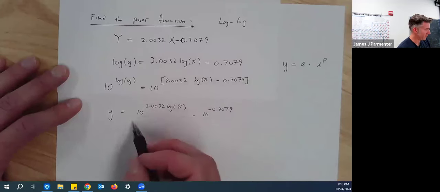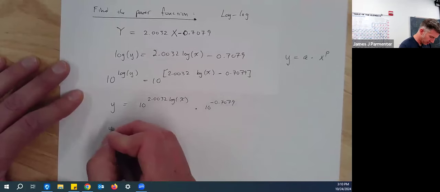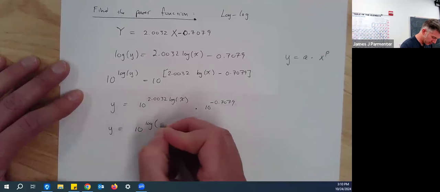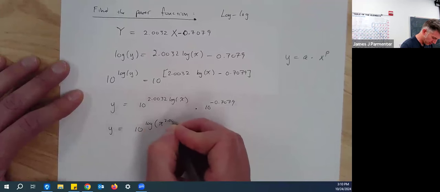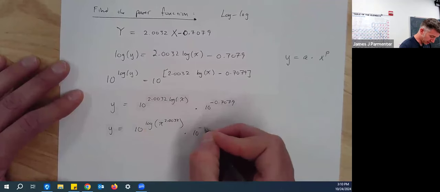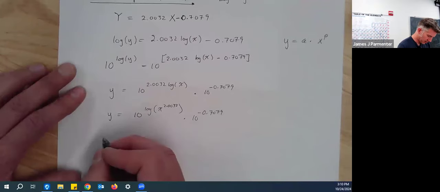You have to simplify this further, in my opinion. You can do it in one step, I'm going to do it in two. This is 10 to the log of x to the 2.0032 power times 10 to the negative 0.7079.